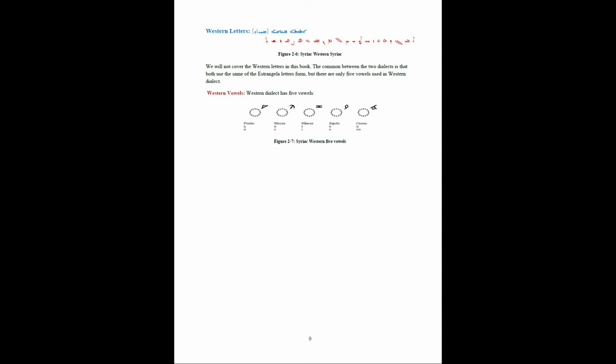And at the same time, they reduced the number of vowels from 7 to 5 by combining the closed vowels in the Eastern dialect, the 7 vowels, two of them into one. That's exactly what happened, and that's why we have two different dialects in the Syriac language.